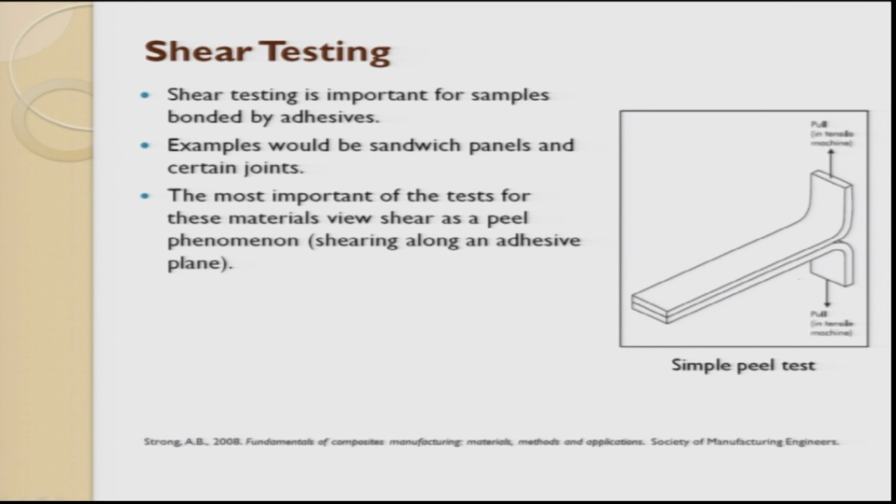The next one is called the peel, the shear test. In the shear test, we take two laminates and try to see what the adhesion strength is between these two. Here the testing setup is difficult. Second, the data which comes out of it has to be very, very minutely monitored.